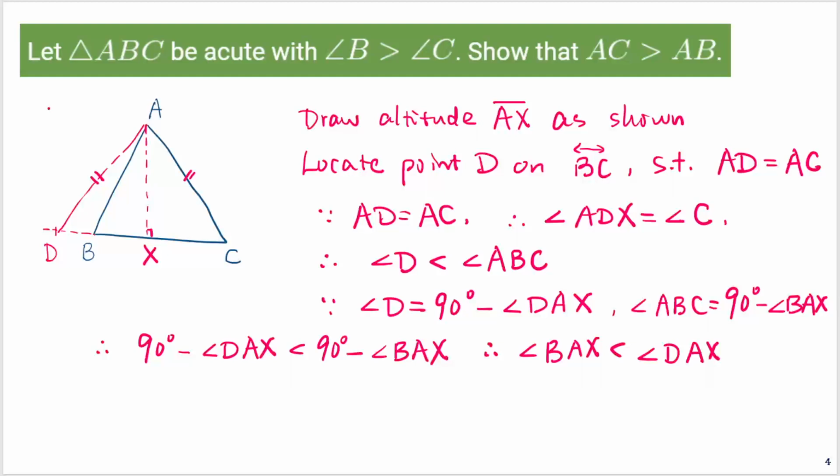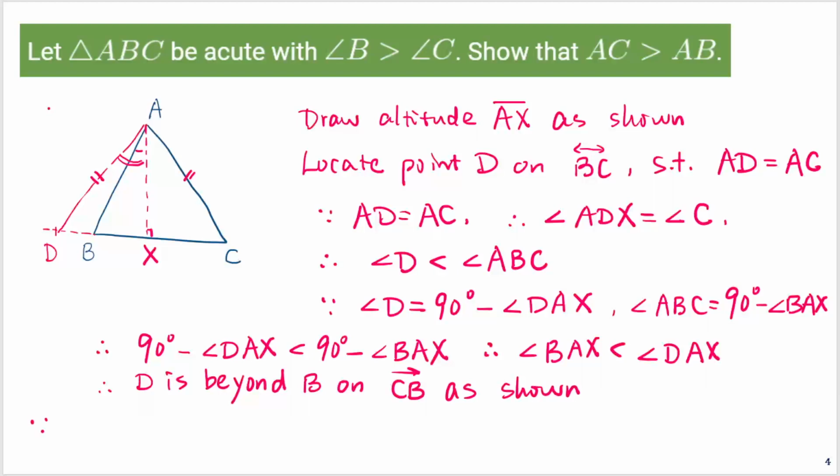If angle BAX is smaller than angle DAX here, then we know D must be on the left side of B, right? Therefore, we can conclude D is beyond B on the ray CB, as shown in the diagram.